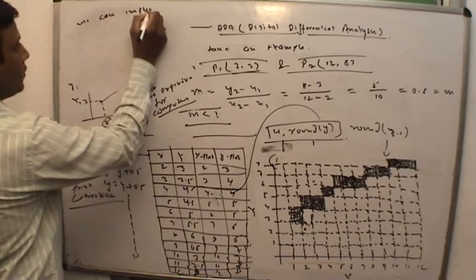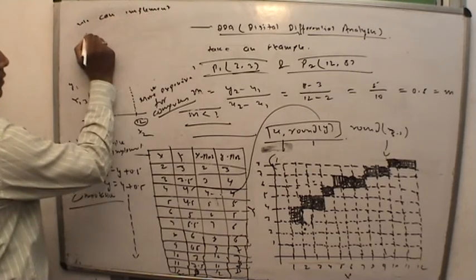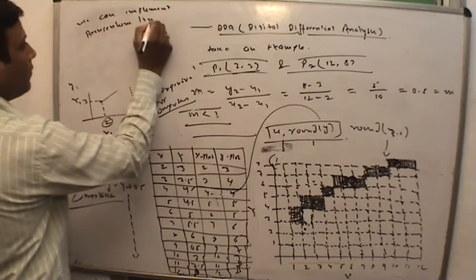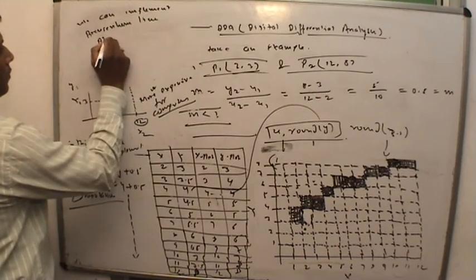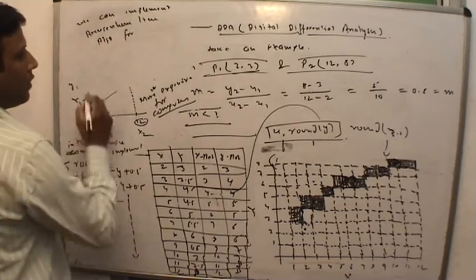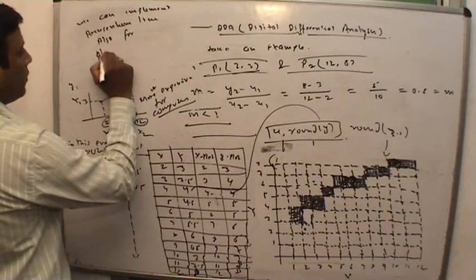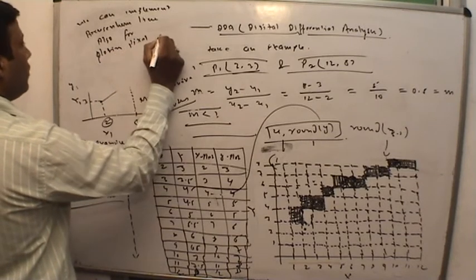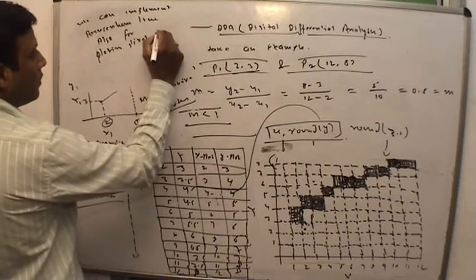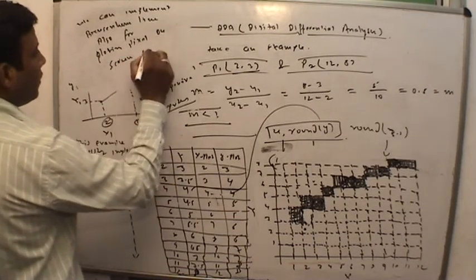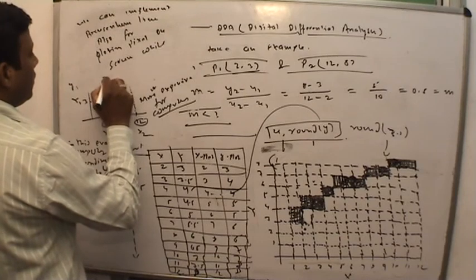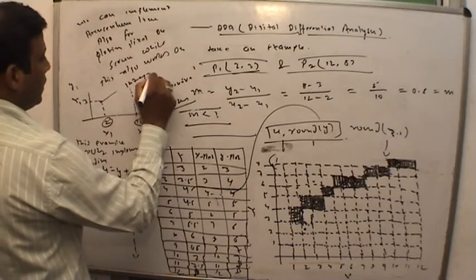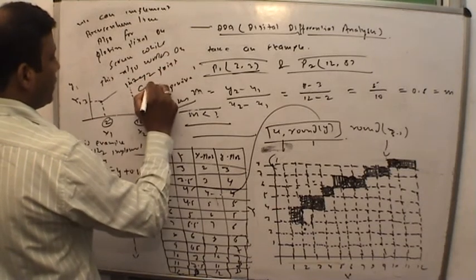We can implement the Bresenham line algorithm for plotting pixels on the screen, while this algorithm works on integer point calculation.